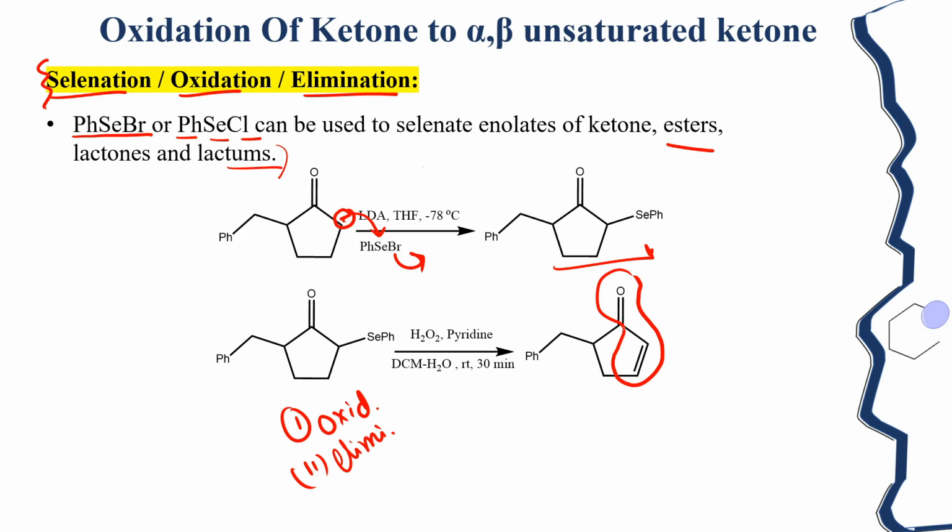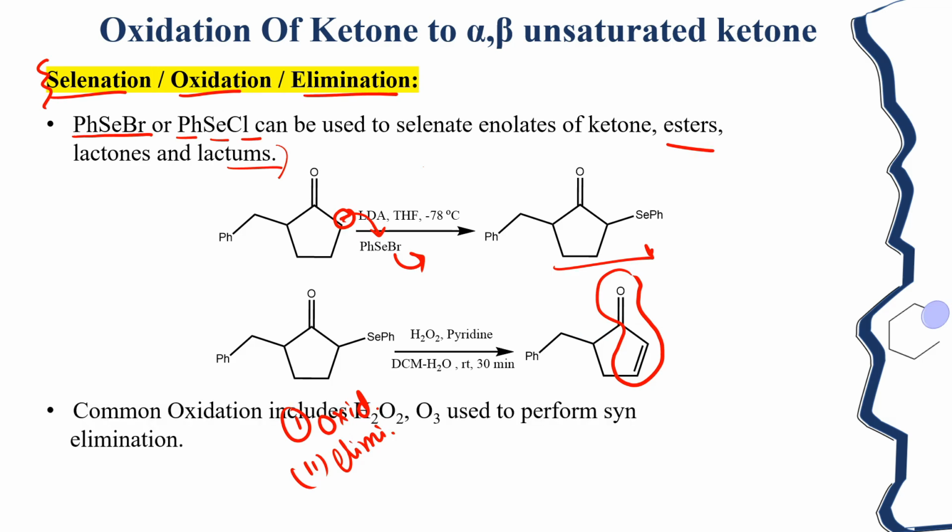Now let us see the actual mechanism of this reaction. Also common oxidants like hydrogen peroxide or ozone can be used to perform the syn elimination. Please remember that the syn elimination pathway is followed.